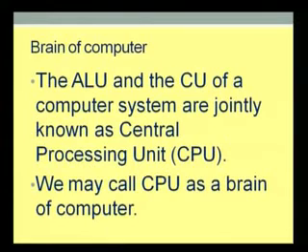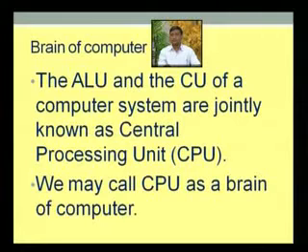Now regarding the next part of our computer. The central processing unit is also known as the brain of the computer. As we have seen, the central processing unit comprises the arithmetic logical unit and the control unit. The control unit controls the different units inside our system, and it also handles the ALU.